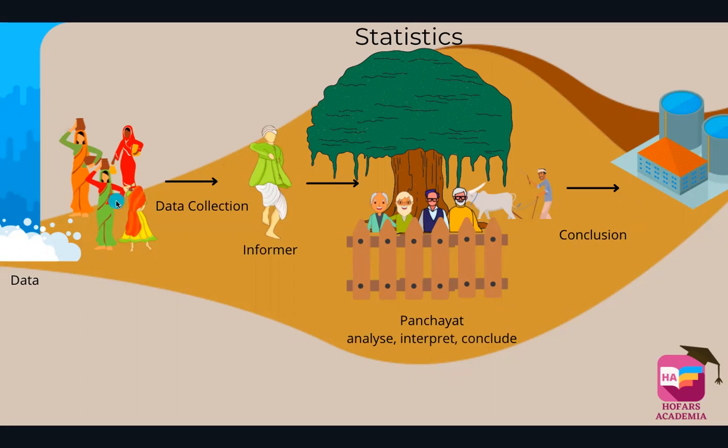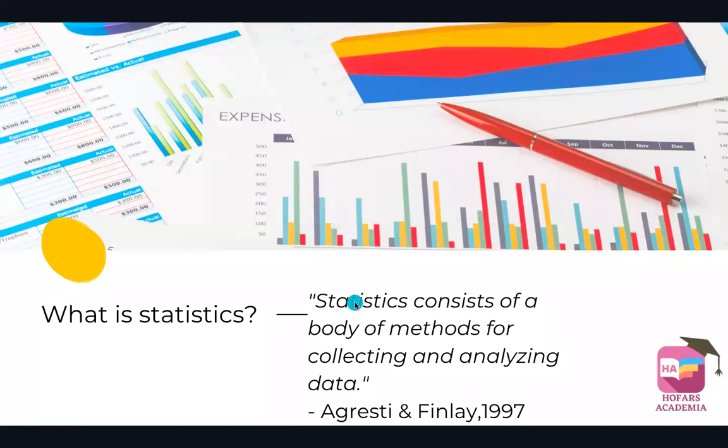So this group is a sample, and they represent all females of that particular village. That will be our population. All females of that village is the population. This group of females is the sample. So let us go to a better definition of statistics.